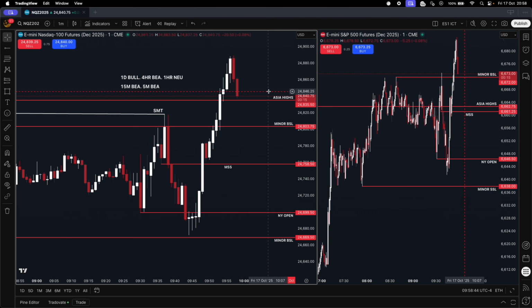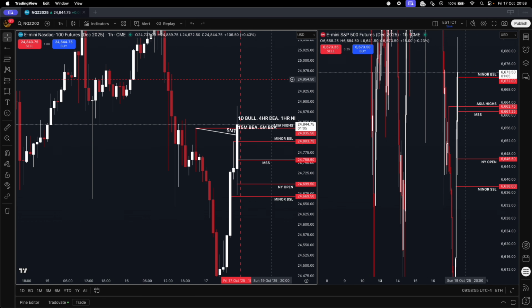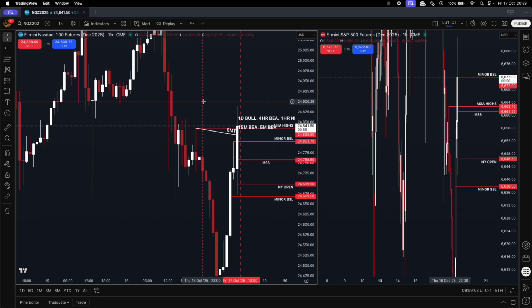Alright, so as of now, the bias, I mean, we can re-look at the bias, but the daily is still going to be bullish, and the 4-hour is bearish, and the hourly is neutral.